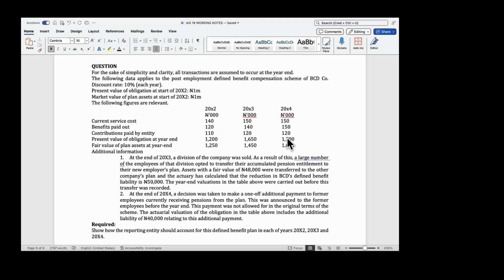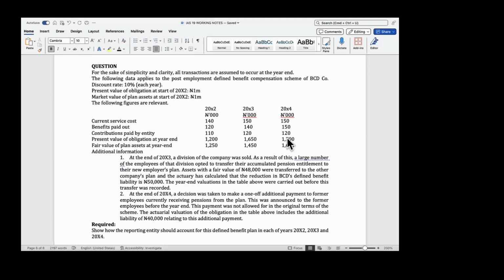Discounting rate 10% each year. Present value of obligation at start of 20X1 is 1 million. Market value of plan asset at start of 20X1 is 1 million.